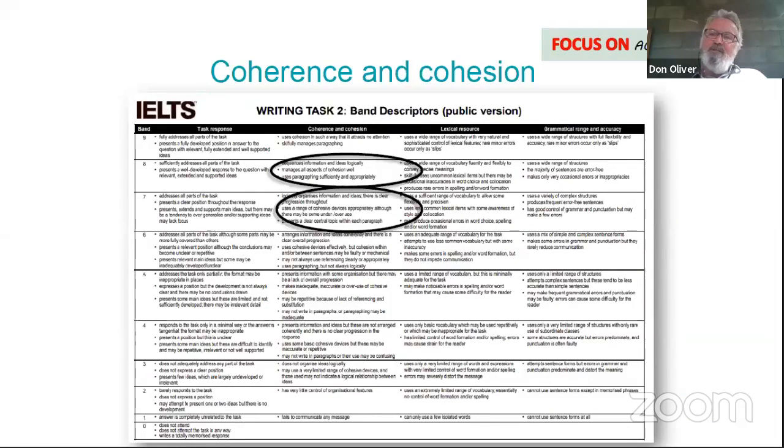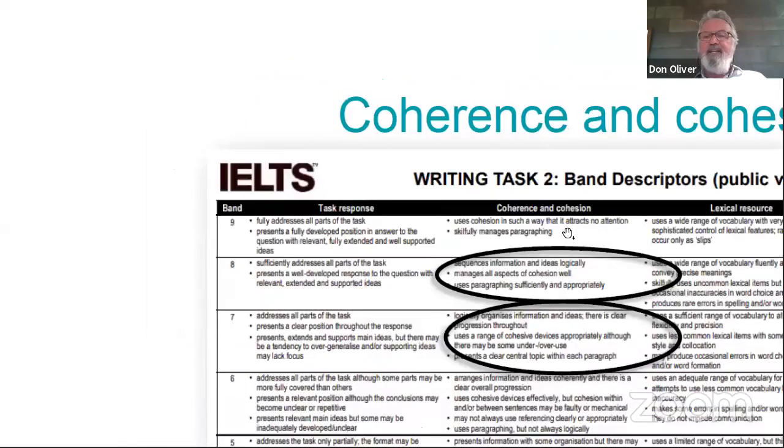Let's look more closely at coherence and cohesion. Here we look at band 8, and at band 8 you will see that you have to be able to basically control all aspects of cohesion satisfactorily. You need to be able to use paragraphing sufficiently and appropriately. That means if you have a 1-sentence paragraph, that's not really appropriate.